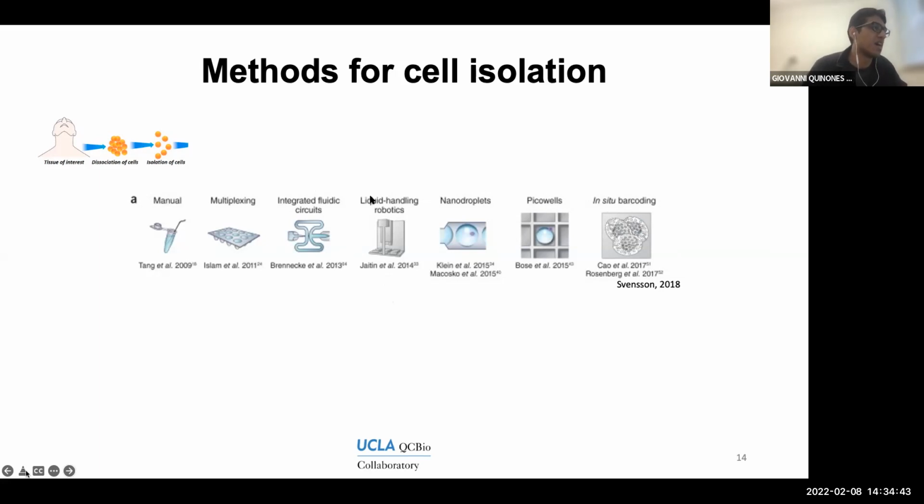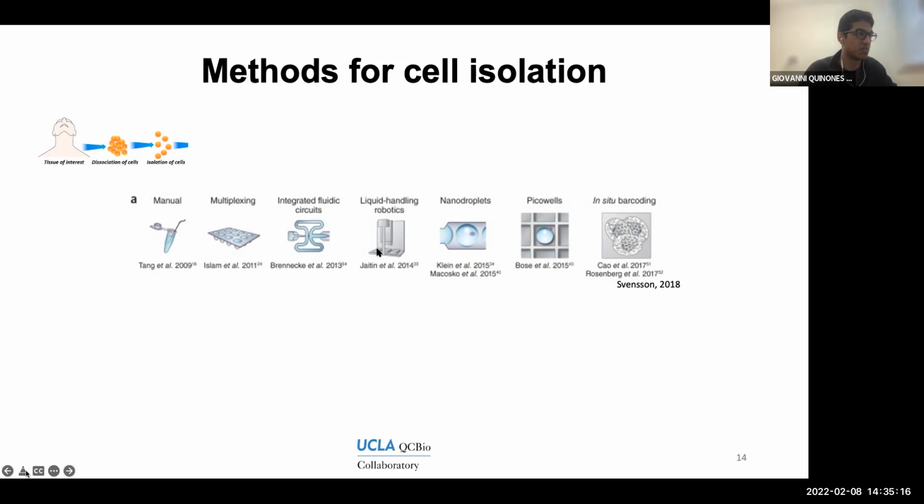But with the difference that these first two technologies, integrated fluidic circuits and liquid handling robotics, were microfluidics, but were not necessarily droplet based. This was an earlier form of microfluidics where the cells would flow around in the different chambers, and then they would try to separate the cells when some sort of detection or some sort of rate was achieved.